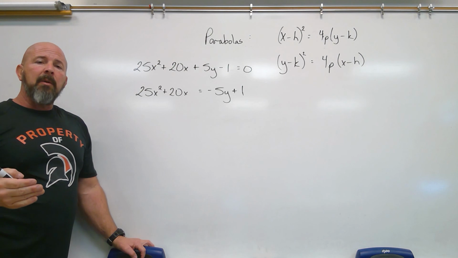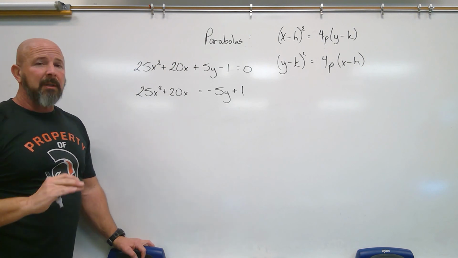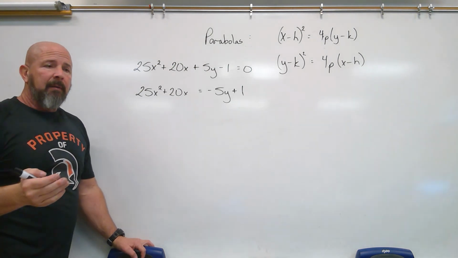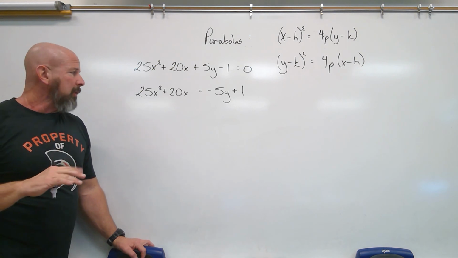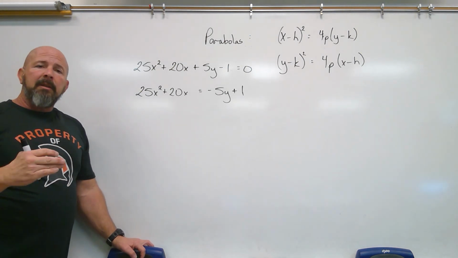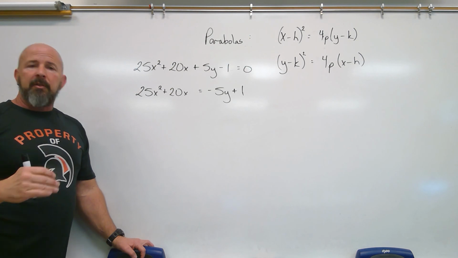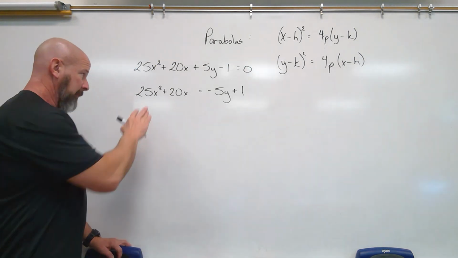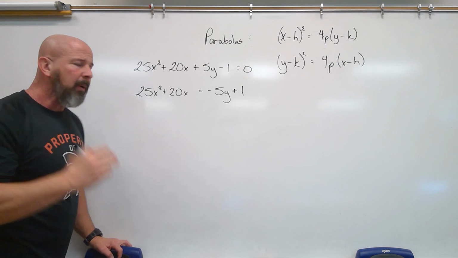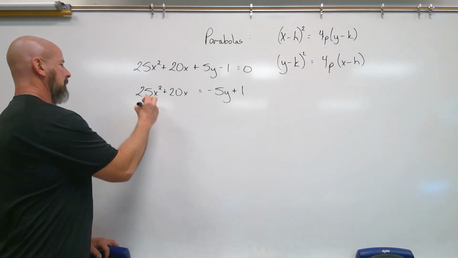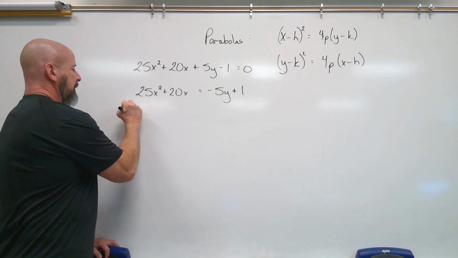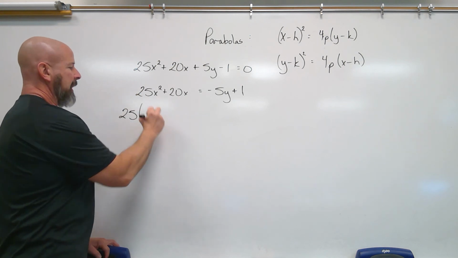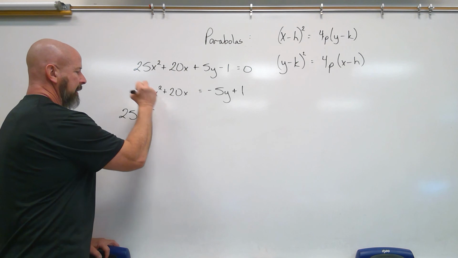We're going to see where the leading coefficient's not a 1 coming up in some other of our conics that we're going to work with, in ellipses and hyperbolas. We've primarily seen on the parabolas where that coefficient's 1. So I wanted to get one in here where it's not 1. So what do I do if it's not a 1? Well, first thing I'm going to have to do is factor out that 25 so I get a 1 here.